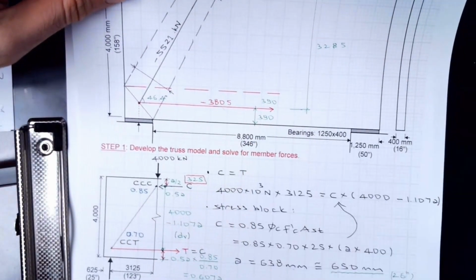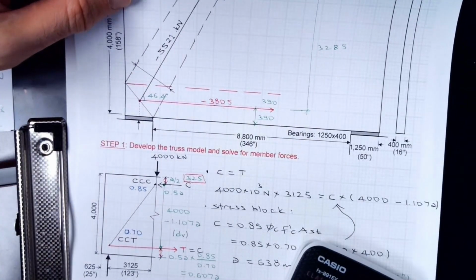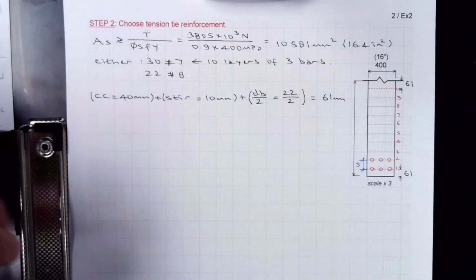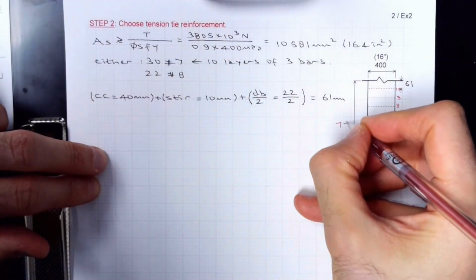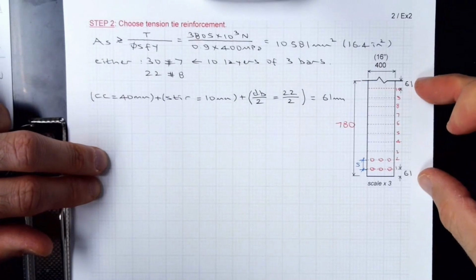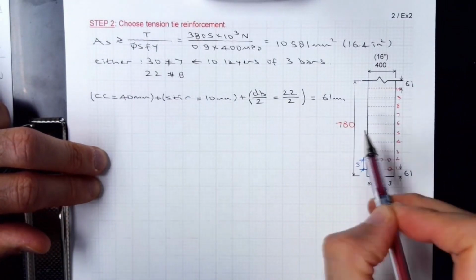And we said 390 times 2, 780. So what we want for this distance is 780, because 61, 61 is perfectly balanced, and centroid would be exactly at the midpoint of 780.